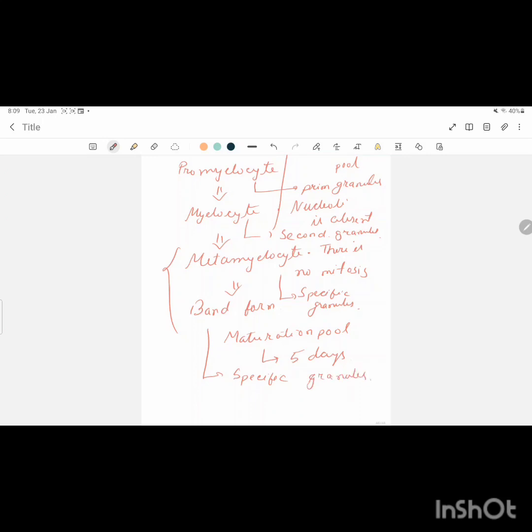Now what are the contents of these granules? No need to memorize this in record, but primary granules contain mostly proteolytic enzymes.